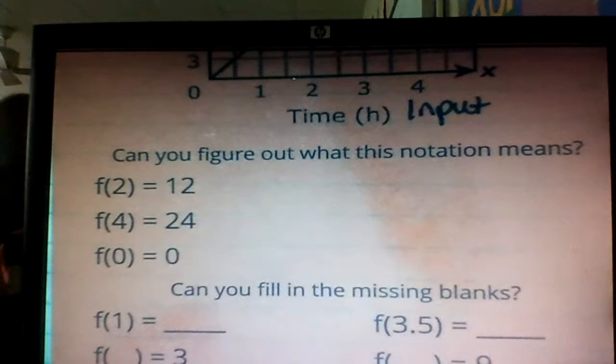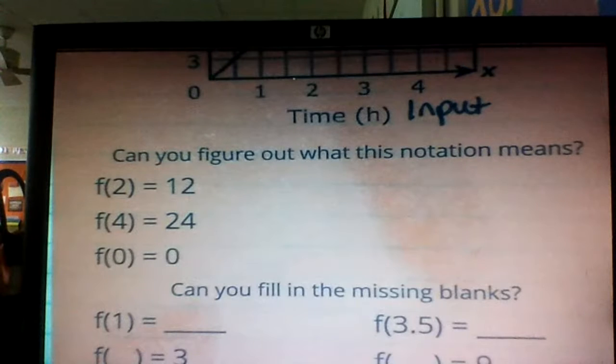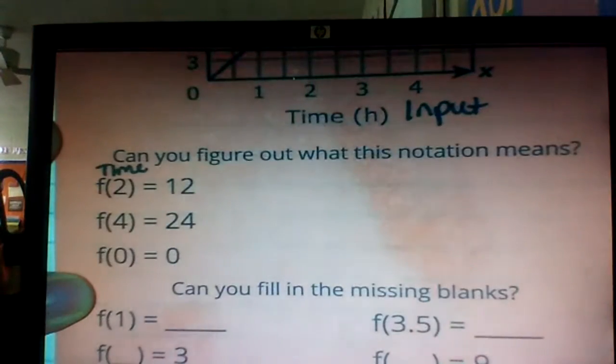So it says f of 2 equals 12. What's my input? Which one of those values is my input? 2. So that's what? Time. What does 12 represent? Boxes.